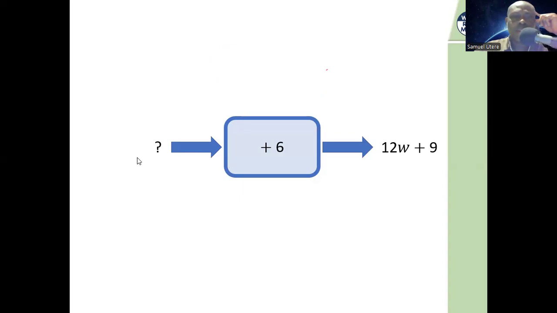How did we get the input when we know the function, what the machine is doing to whatever we put in, and the output? So we have those two, but we don't know what was put in. Okay, I'm sure you remember, we do the inverse operation.